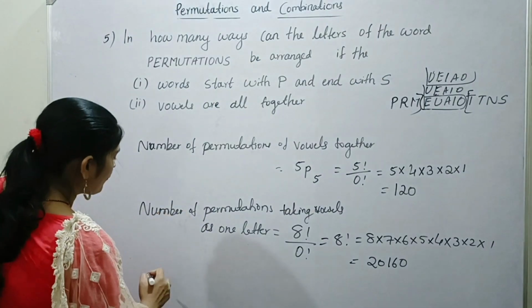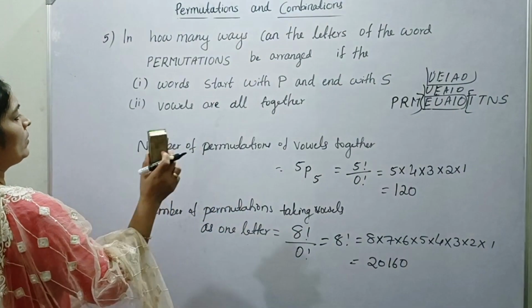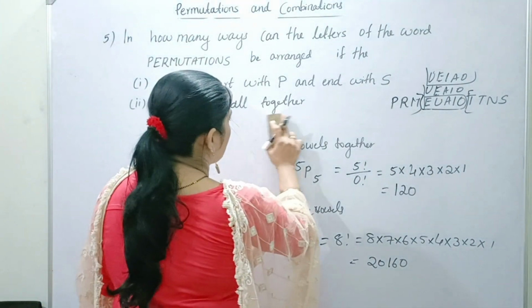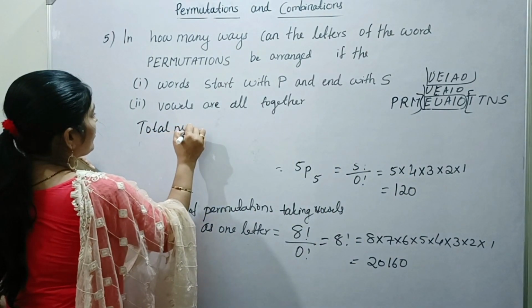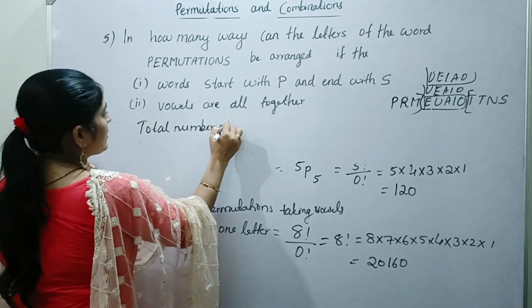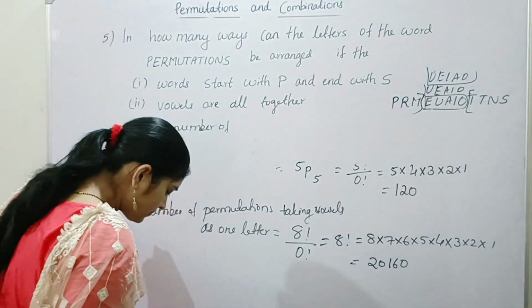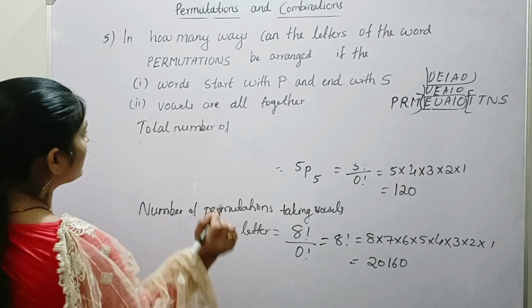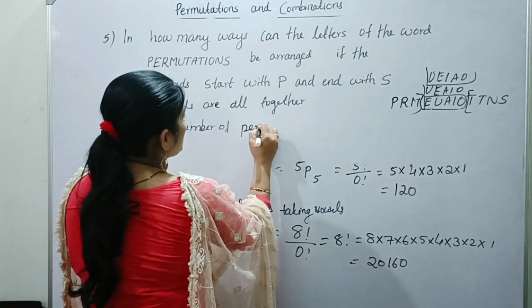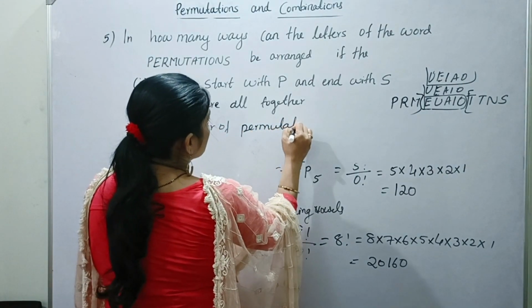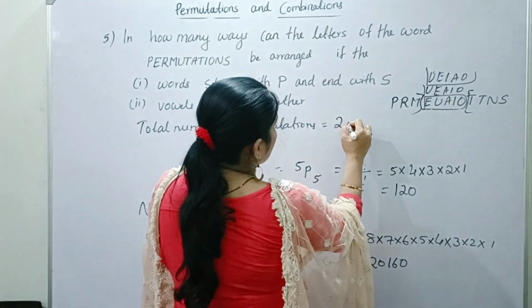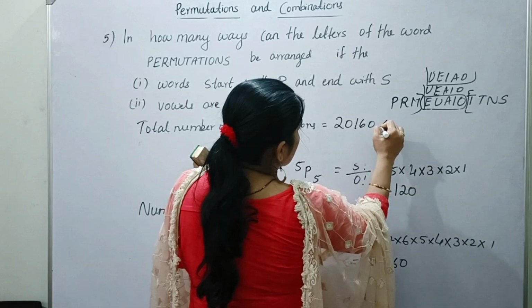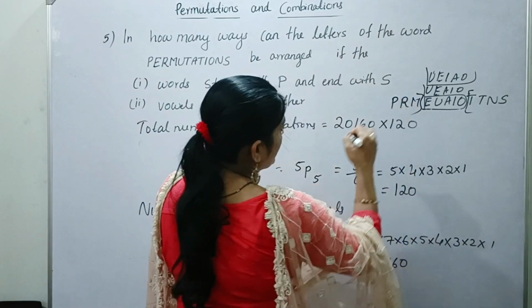So the total number of permutations is equal to 20,160 into 120.